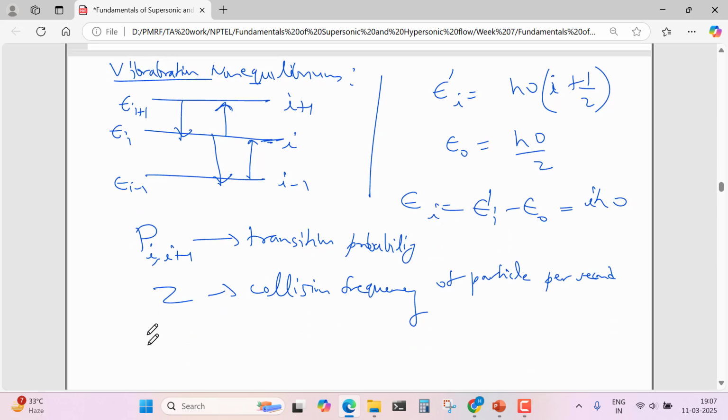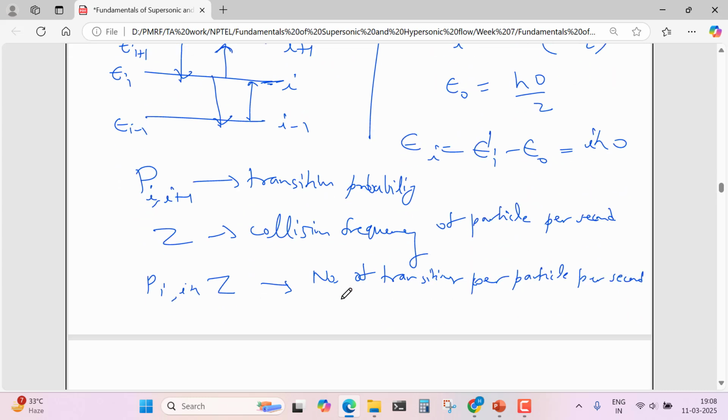So what will P I, I plus 1 into Z give? It will give the number of transitions per particle per second.